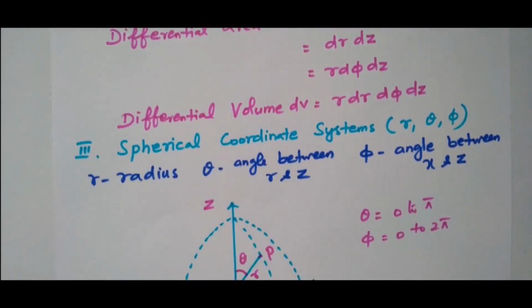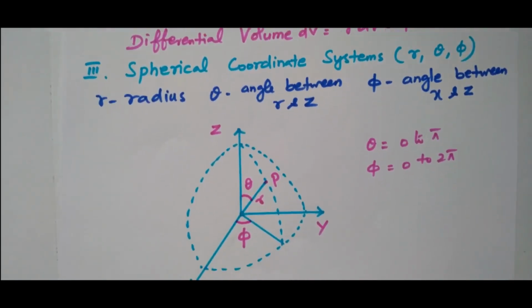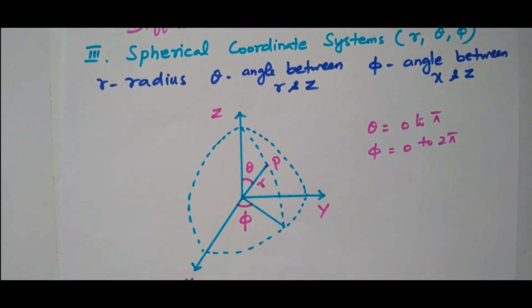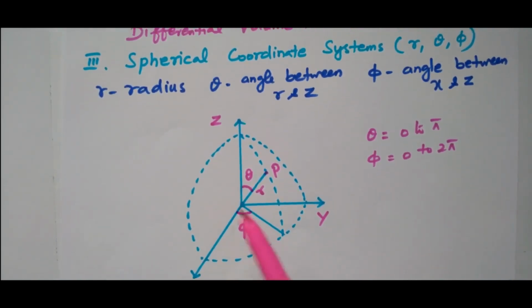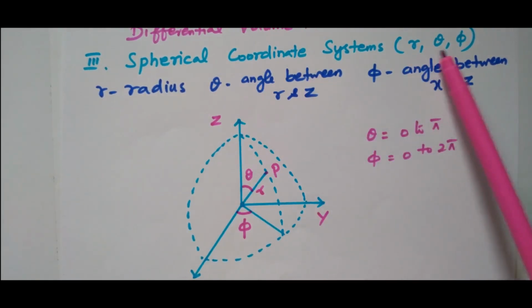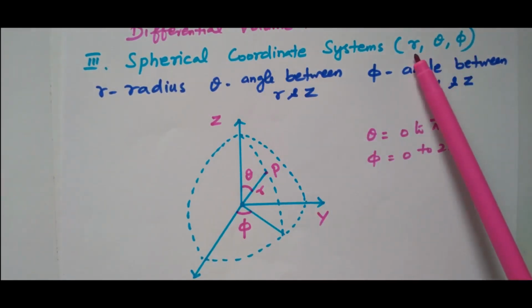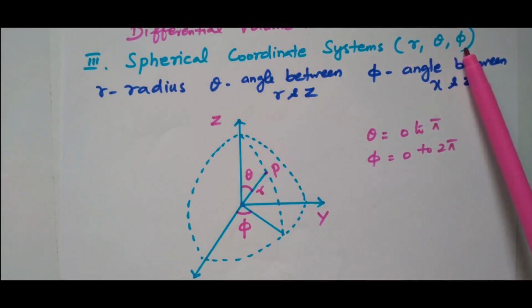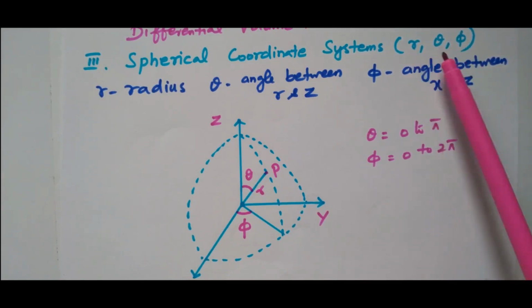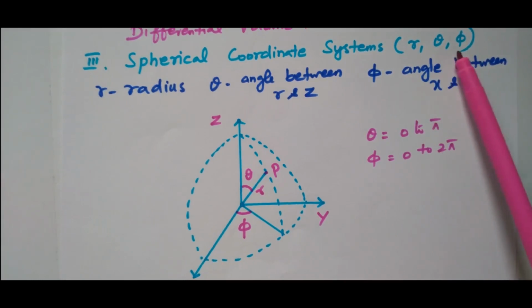Now we'll go to the third system, the spherical coordinate system. In the spherical coordinate system, what are the things available? R, theta and phi. This r is the length, theta and phi are the angles. So one length and two angles are available. In the first system, all three are lengths.